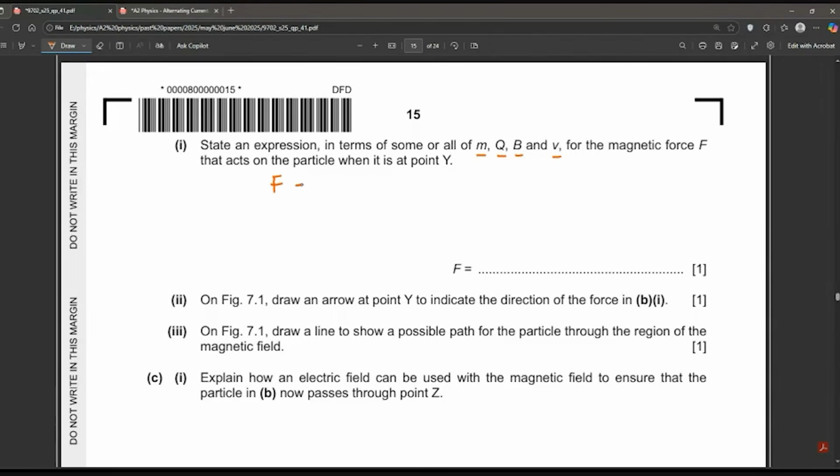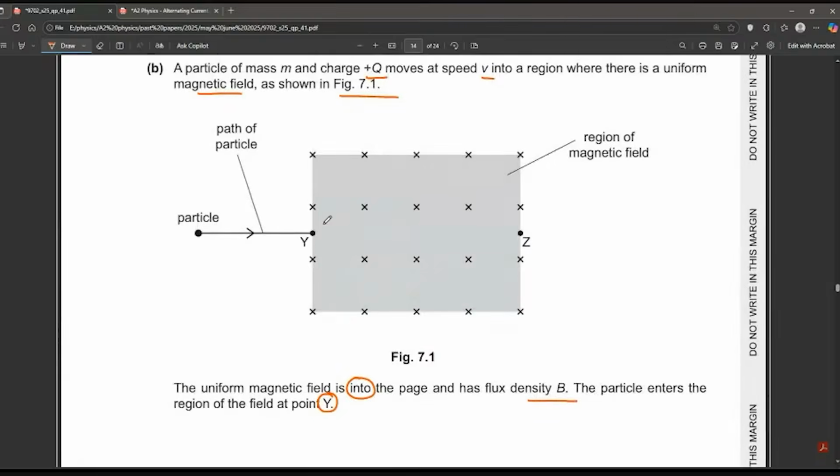बेटा मैग्नेटिक फोर्स का क्या फॉर्मूला होगा? B Q V. Here the charge is represented with a capital Q. On figure 7.1, draw an arrow at point Y to indicate the direction of the force. You have to tell the direction of the force.